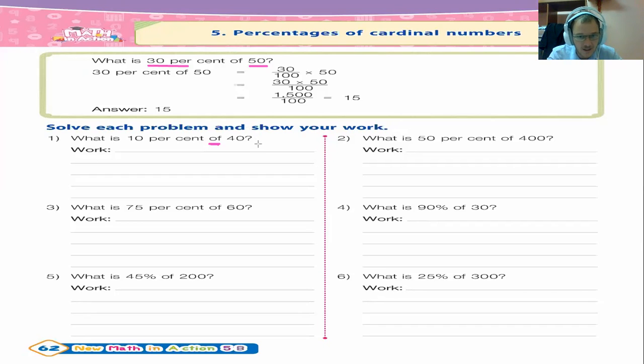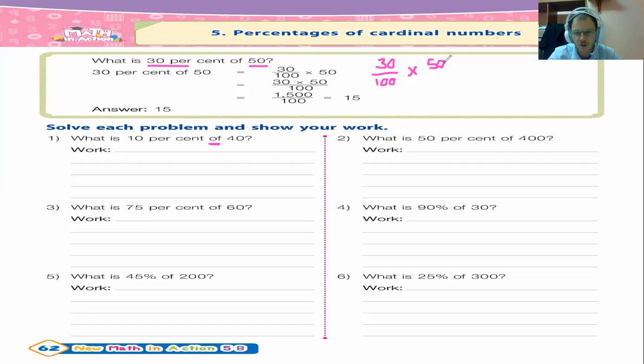So they do that here. 30 over 100. Always remember, when we work with fractions and percentages, we put it always over 100. So the denominator will always be 100. Multiply that by 50.